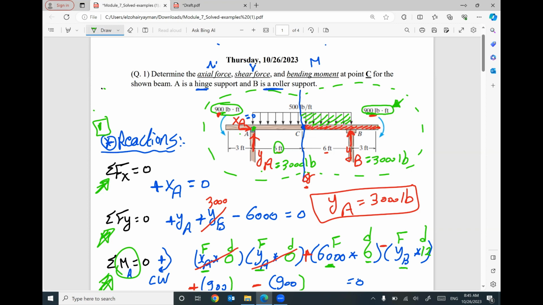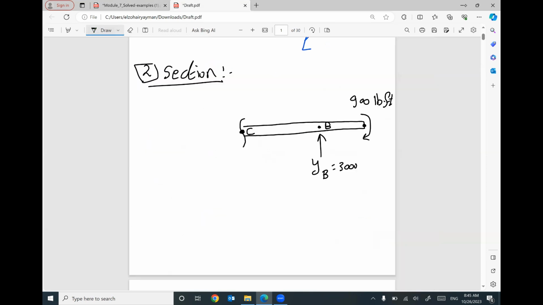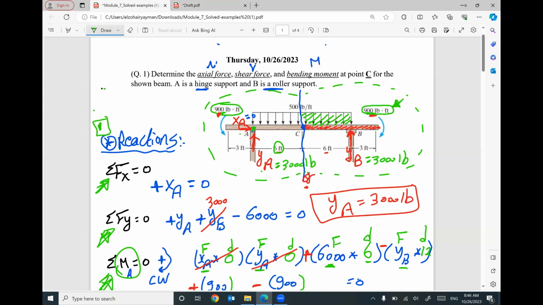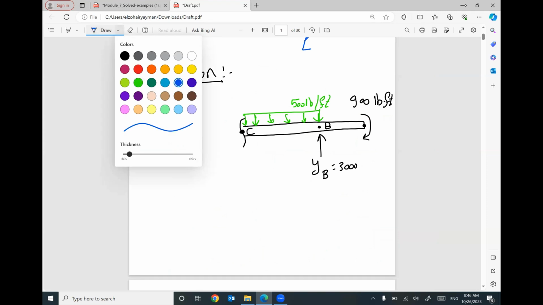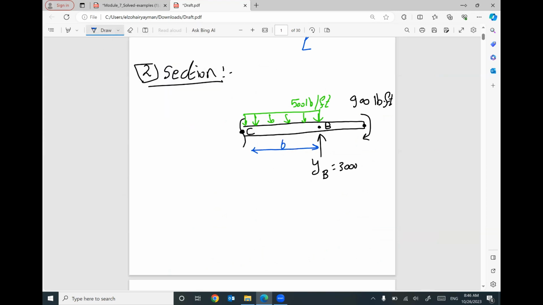This part only of the distributed load. What is the value of the distributed load? 500 pound per foot. And keep in mind, this distance equals 6 feet, and this distance equals 3 feet. This is the part on my right-hand side.